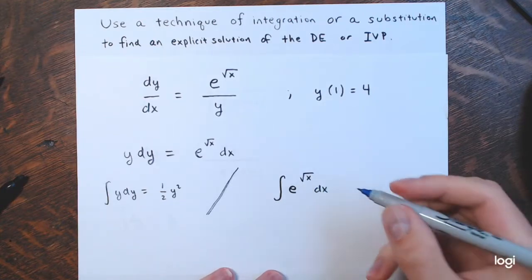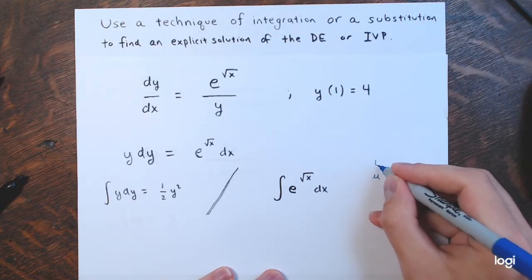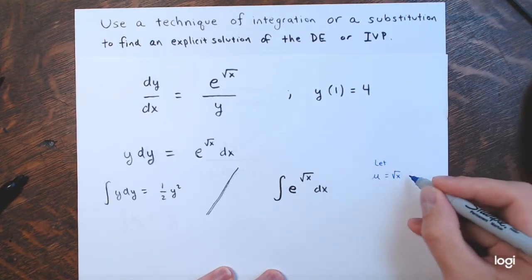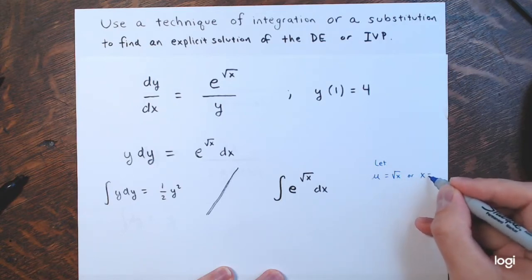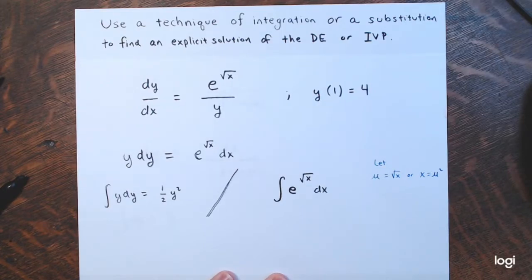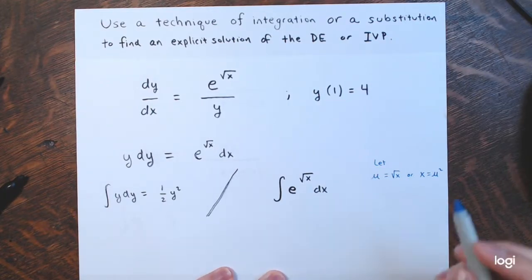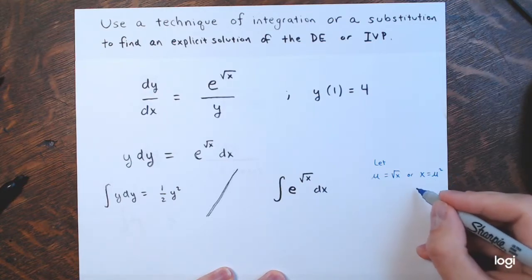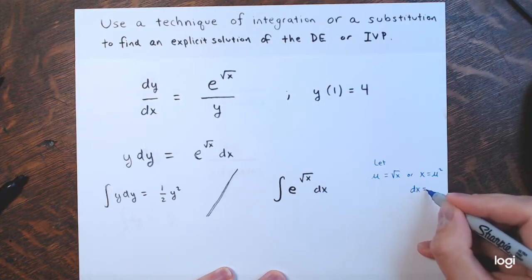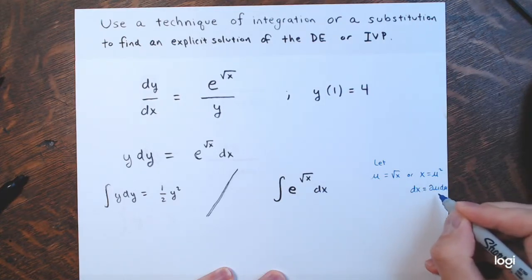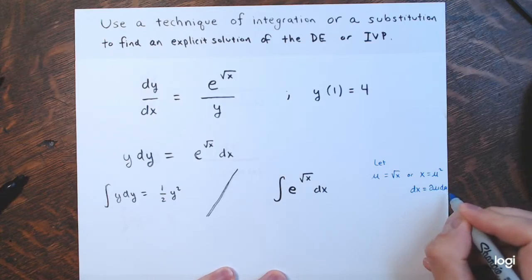Now I could let u be the square root of x, or you say that x equals u squared, whichever. Personally, I like this one because it doesn't involve the radical. And if I do this, then dx would be equal to 2u du, right? Taking the differential of both sides, that's 2u du.